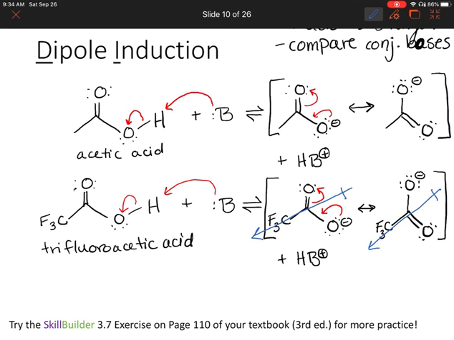Now, looking up above at the conjugate base for acetic acid, it does not have that same pull of electrons because it doesn't have an electronegative atom like fluorine. So would that dipole moment in the molecule down below stabilize that molecule? So is the conjugate base of trifluoroacetic acid more stable or less stable?